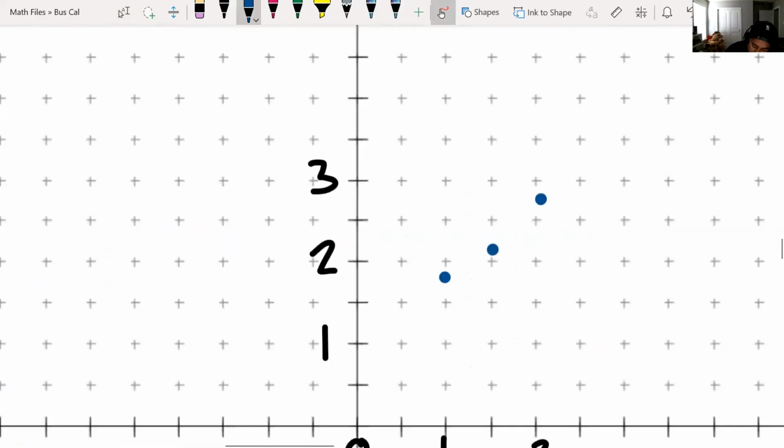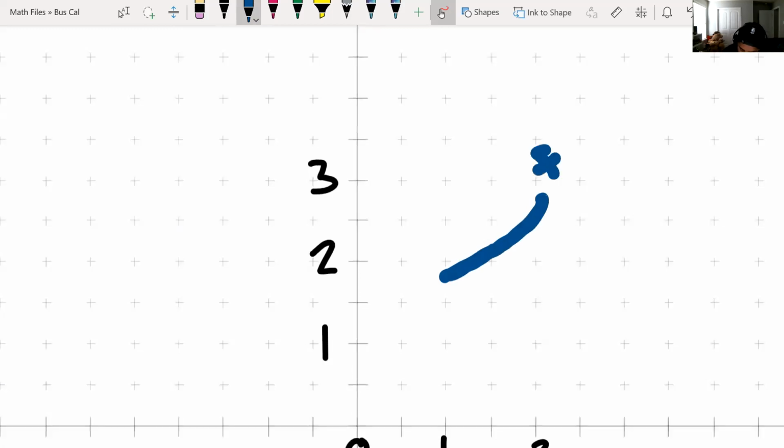And here's what f of x looks like. It's a nice little curve. There it is. There's f of x.